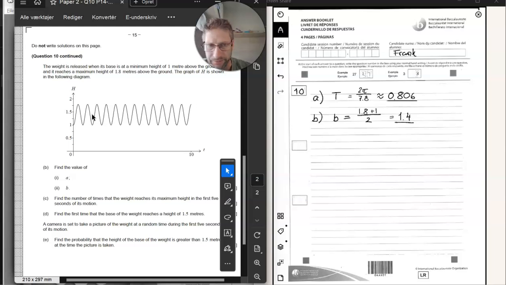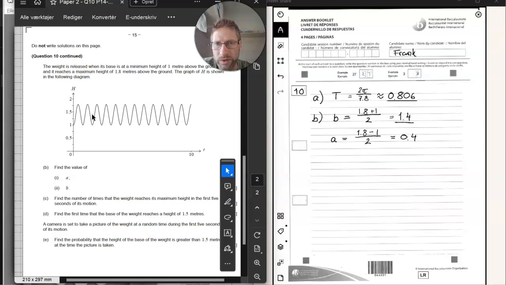However, we have to be a bit careful, because it's tempting to say that A is, you can just say, what's the difference between the maximum and the minimum? I'm going to do that, 1.8 minus 1, and then divide that with 2, because that gives us the size of the oscillation away from the average value. And that, of course, is going to be 0.4.